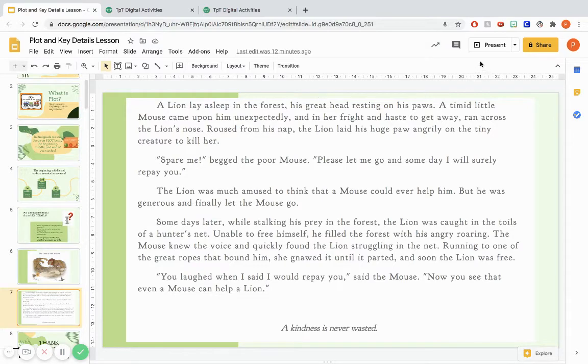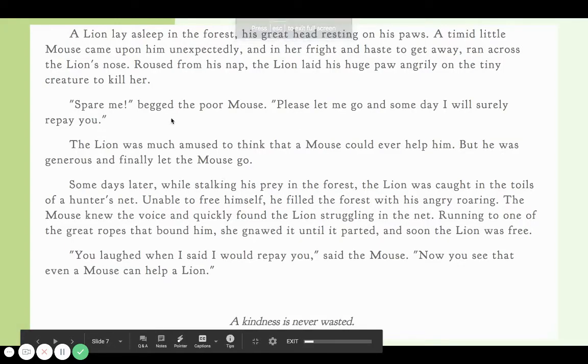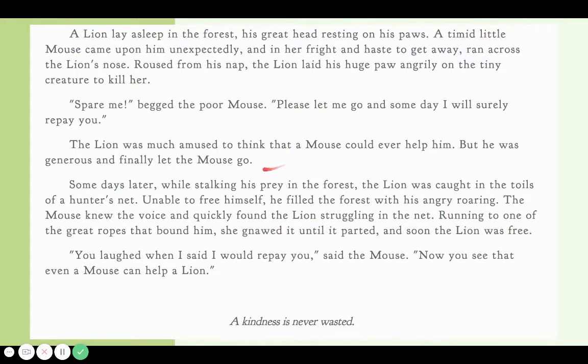So the mouse has said, "Spare me," begged the poor mouse. "Please let me go, and someday I will surely repay you." The lion was much amused, so he was surprised, and it made him laugh that the mouse could ever help him. But he was generous and finally let the mouse go. Some days later, while stalking his prey in the forest, the lion was caught in the toils of a hunter's net.